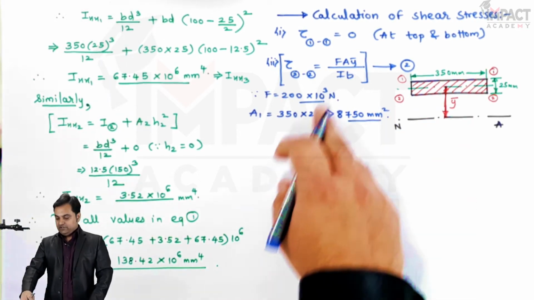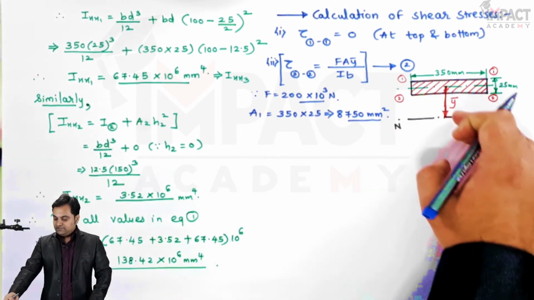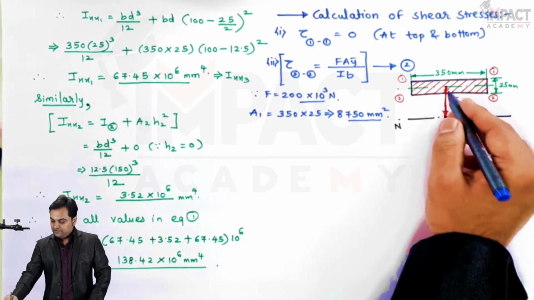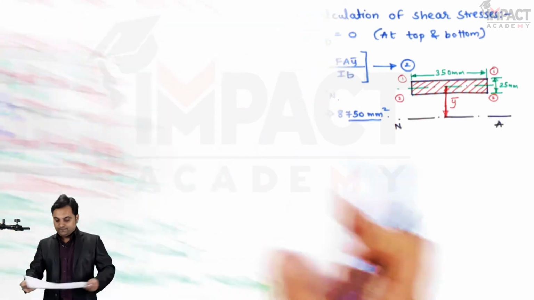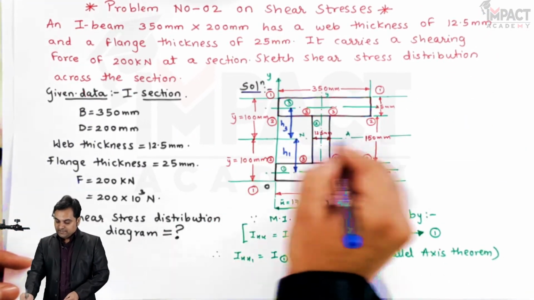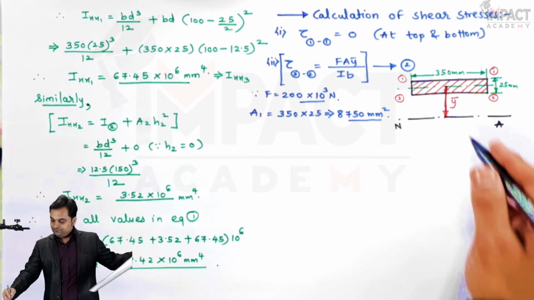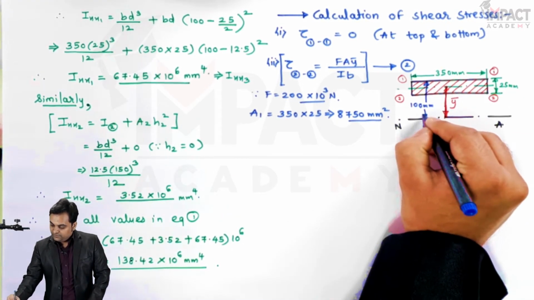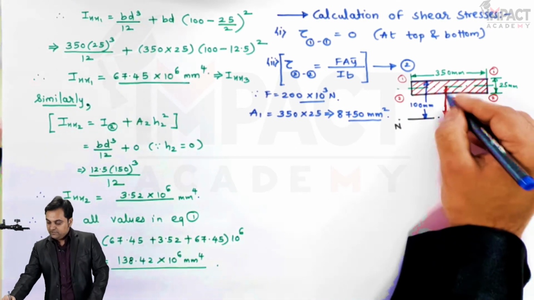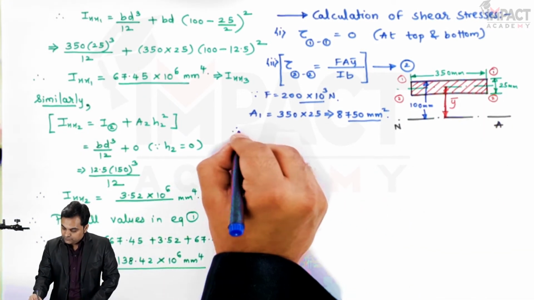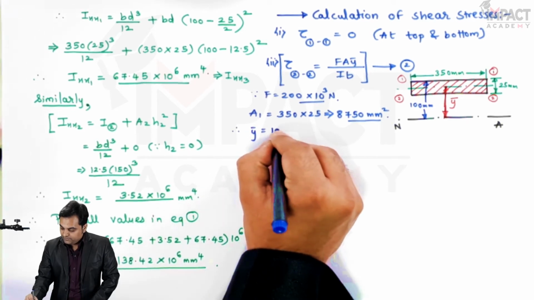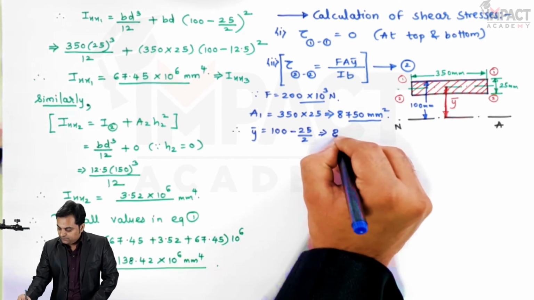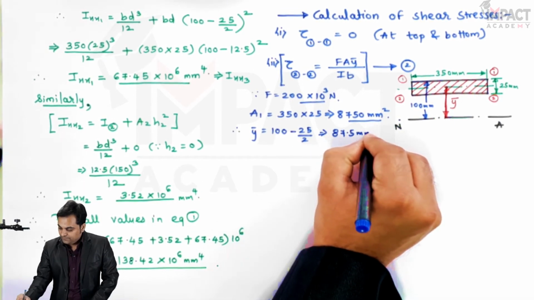After getting the area, next is y bar. Y bar is the distance between the neutral axis and the x-axis for this section. Since the distance of the neutral axis from the top is 100 mm, from this 100, if I subtract half of 25, that gives me y bar. So y bar would be 100 minus half of 25, which is 87.5 mm.